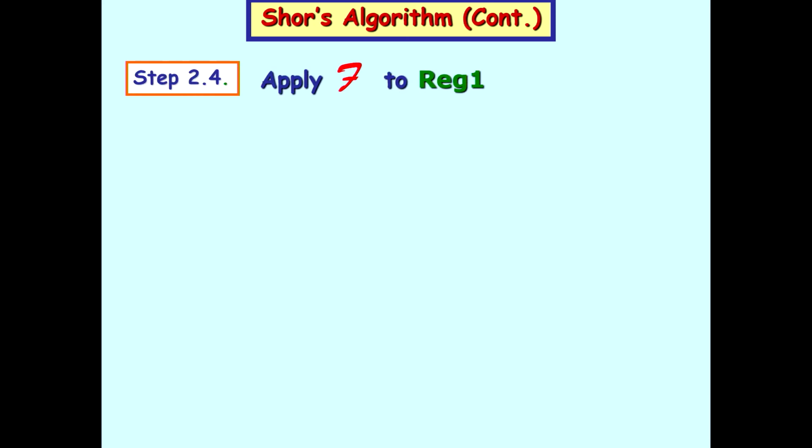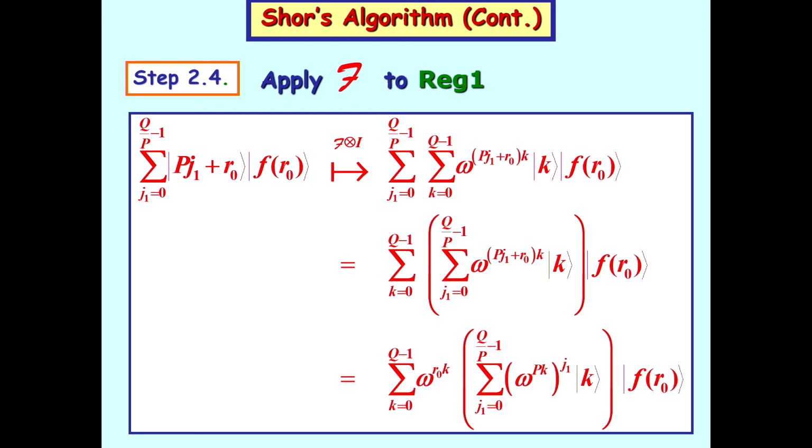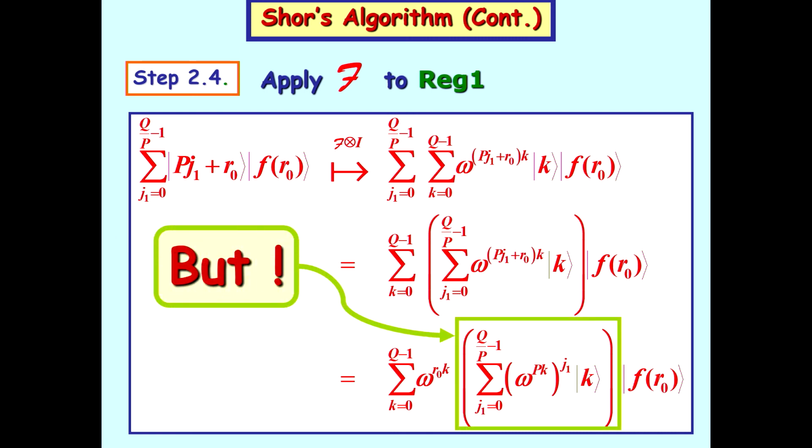The next thing we do is to apply the Fourier transform again to register 1. Let's do that. Step 2.4. Applying the Fourier transform, you can see that you have an expression that can be reduced to the expression shown at the bottom of the page. Let's take a closer look at that.